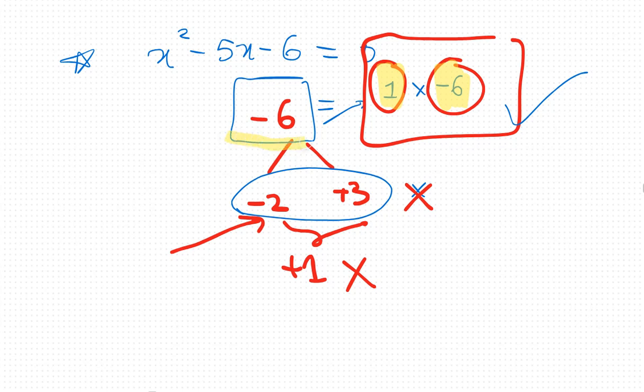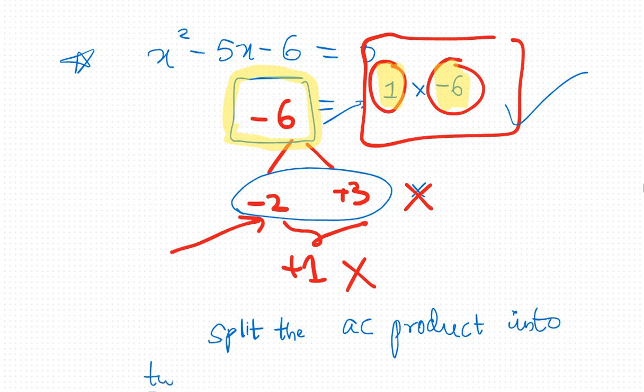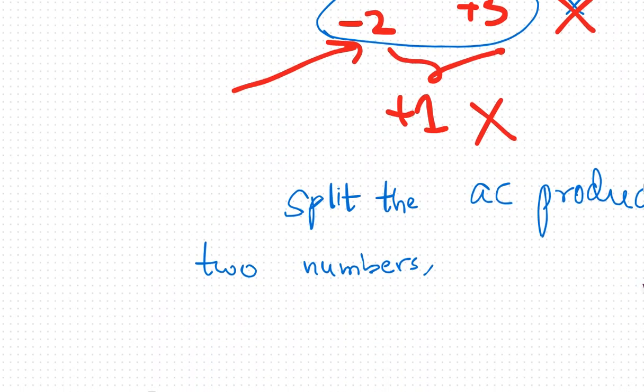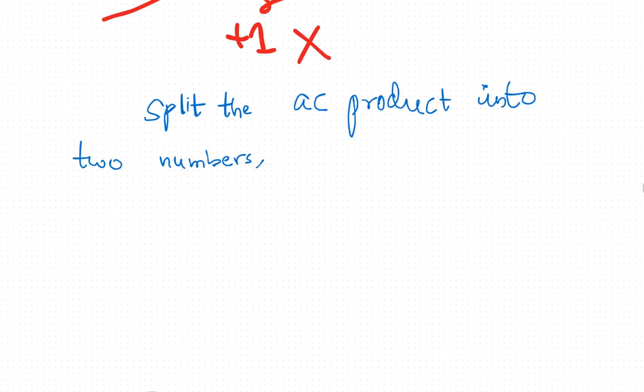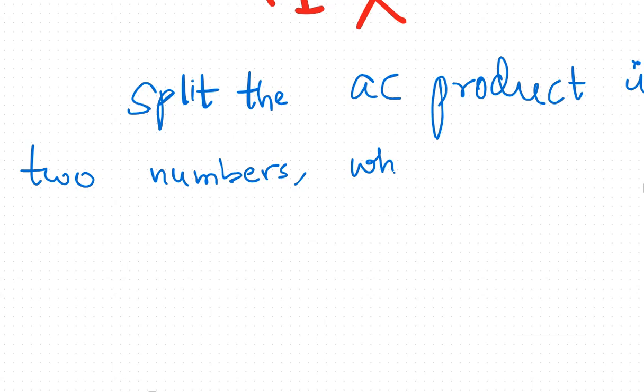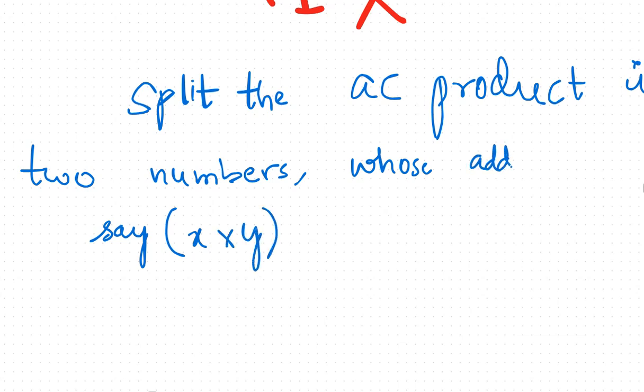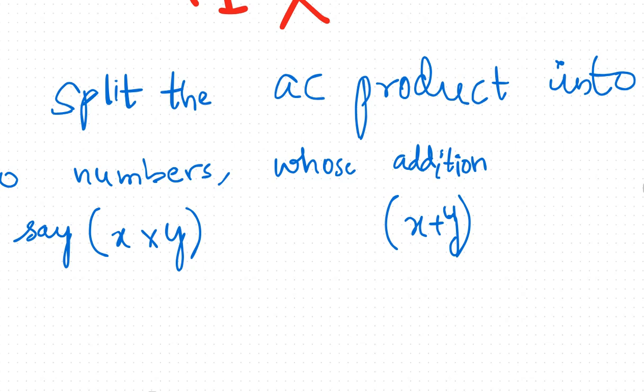The thing is, you split the AC product into two numbers whose addition, x plus y, should be equal to -5.